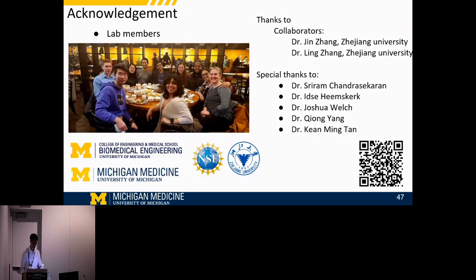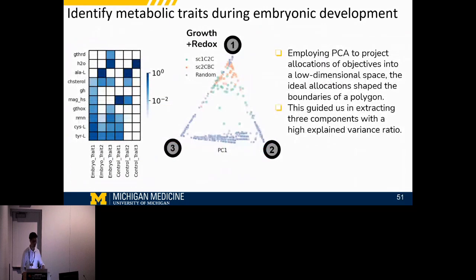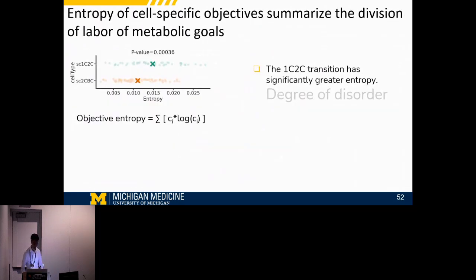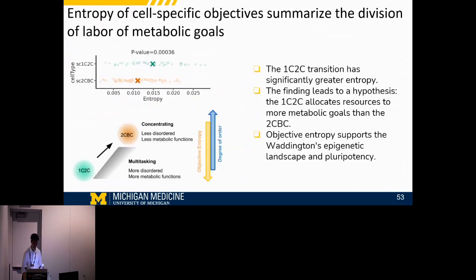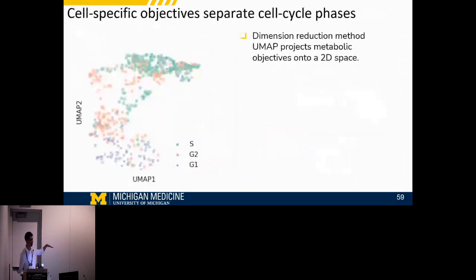Actually, I have a cool finding. I have a bunch of data I didn't show. I used the UMAP again to separate the different phases, and I found it's cool that we can find a trajectory of the 3 different phases. However, they are not following the usual order G1, S, G2.